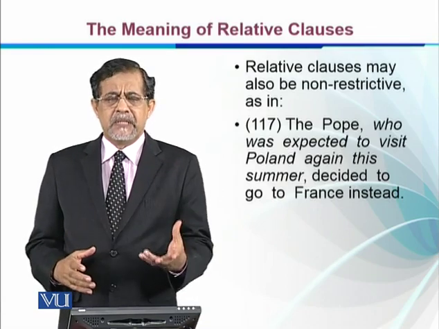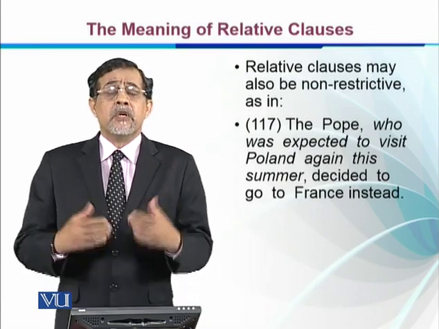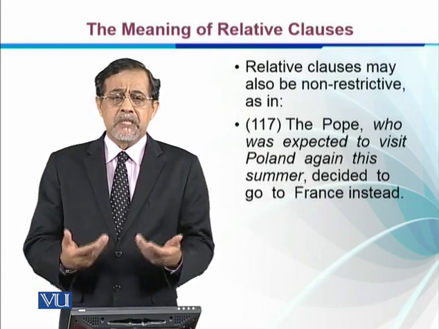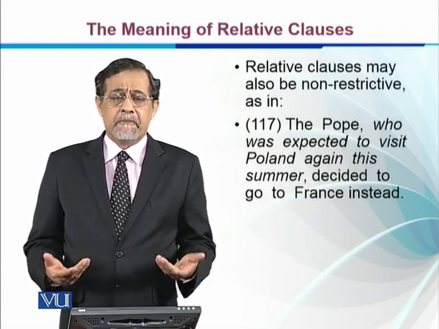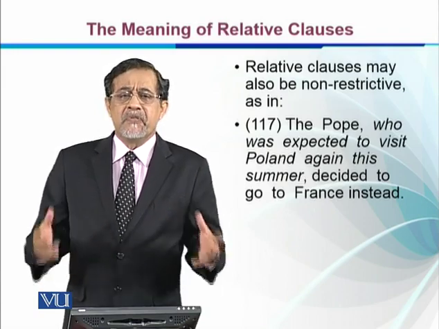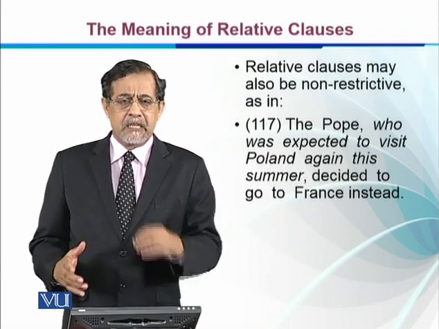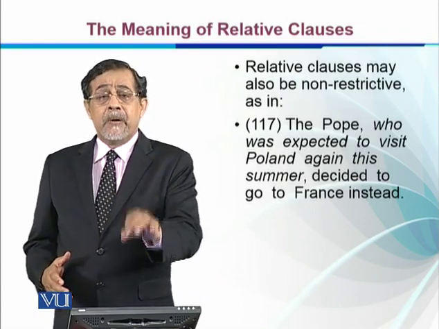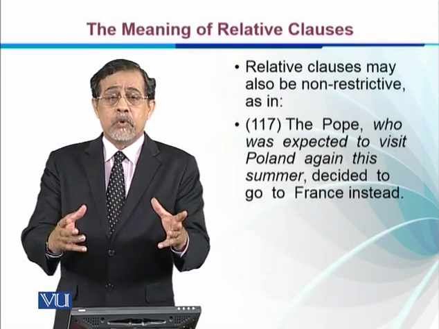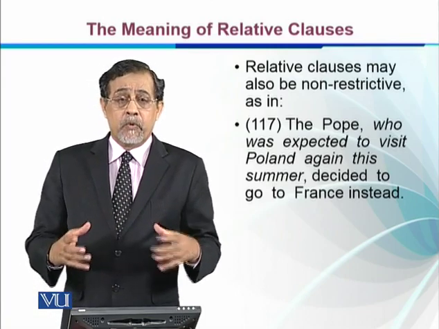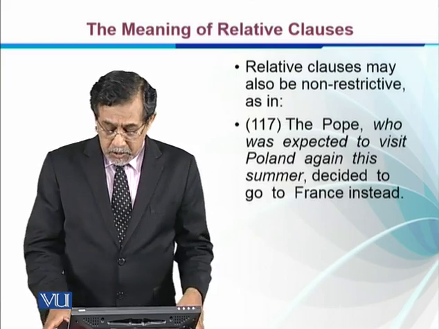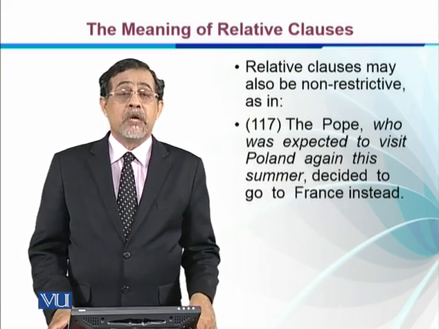However, the speaker sometimes thinks to give extra information. This is a sort of extra information, or we may call it parenthetical information, which is not necessary, because the moment we use the word Pope, it is known to everyone which person we are talking about. So in this case, this is non-restrictive.